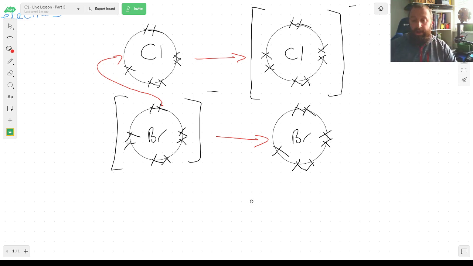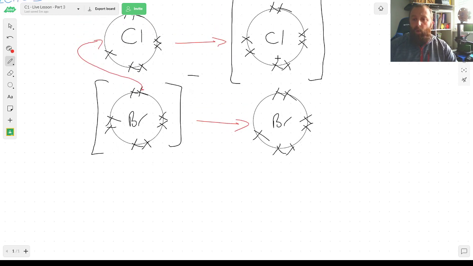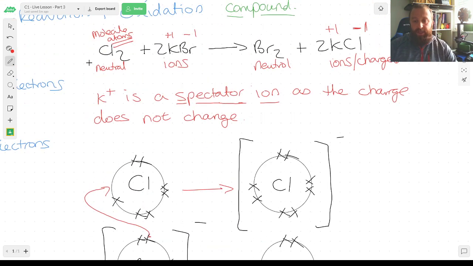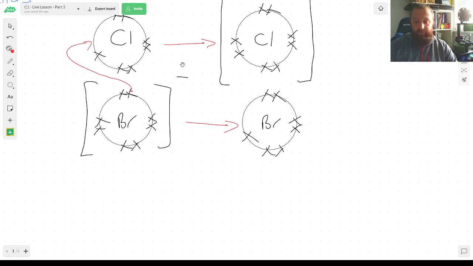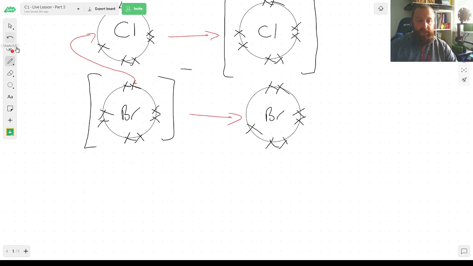So what I want to have a look at then is we need to be able to write this as a chemical equation. So we've got the full equation here. What I'm going to write now is the half equation for this. Half equations only show the electron transfers.